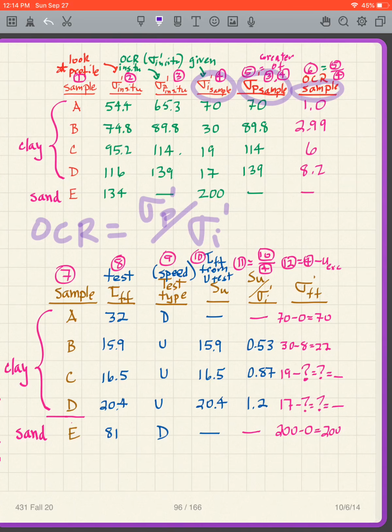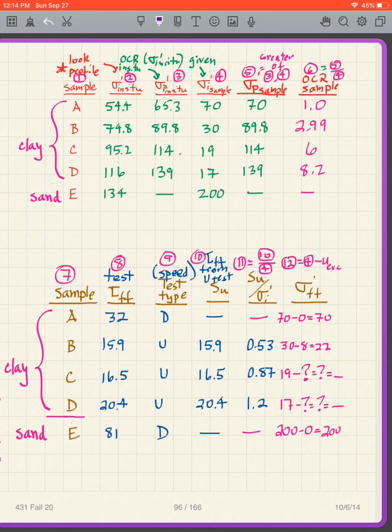Well, it's going to be sigma prime P of the sample divided by sigma prime I of the sample. So in other words, column 5 over column 4 gives me column 6. So the OCR of the sample, 70 over 70, that's 1.